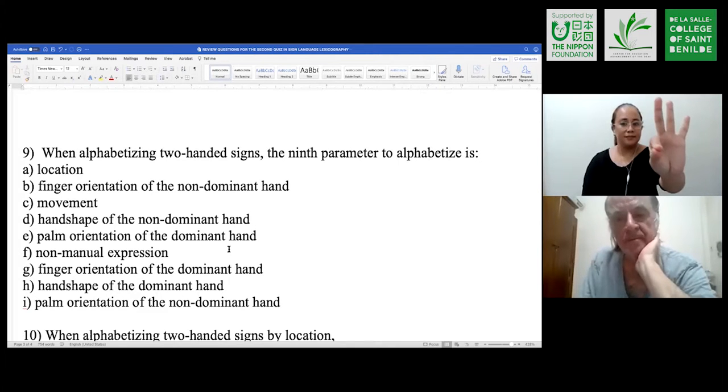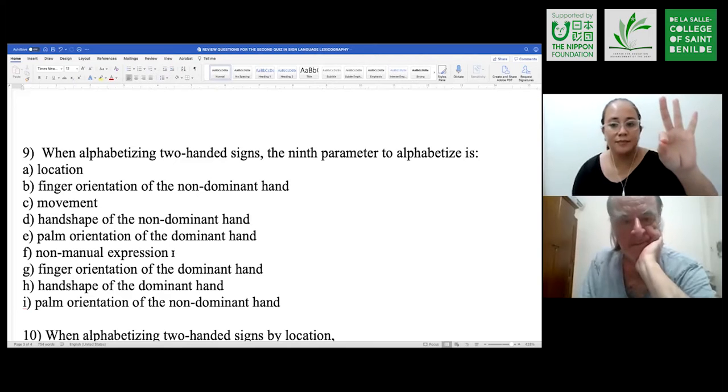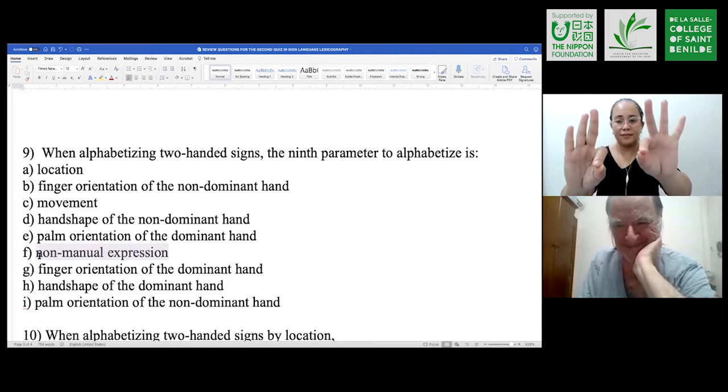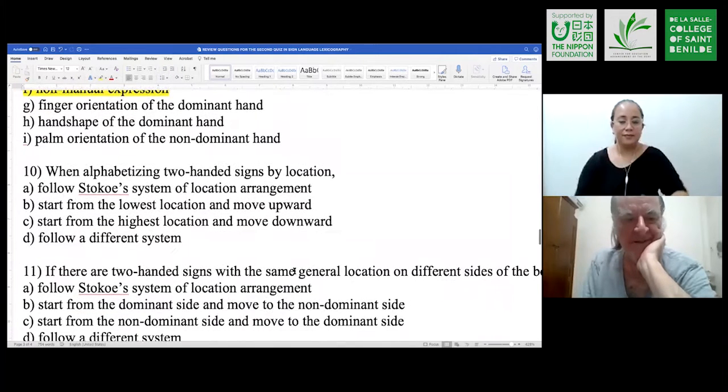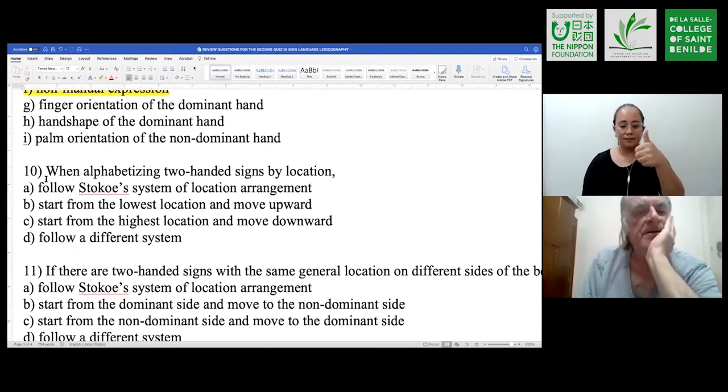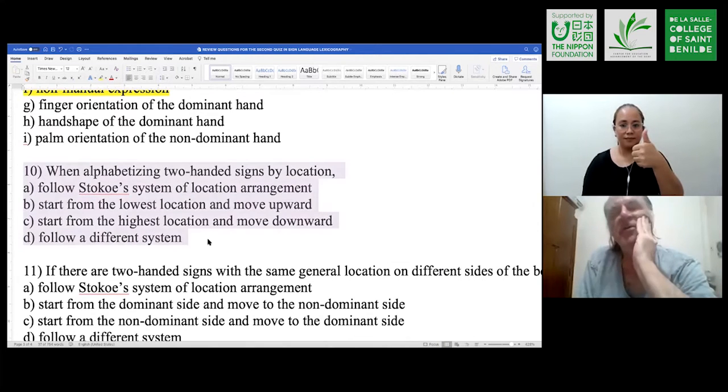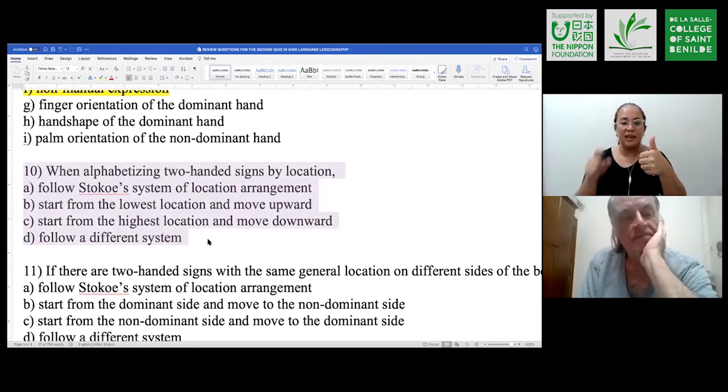Meng, Nat, Jasmine. So 9, F. Okay, good. So now these are some you may have to think about a little more.